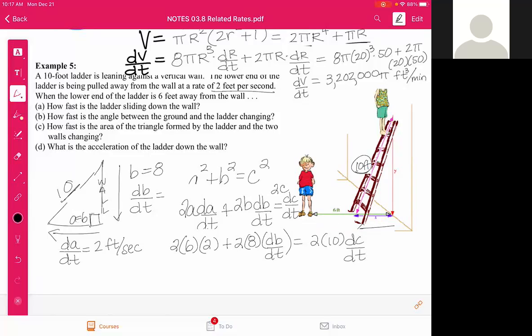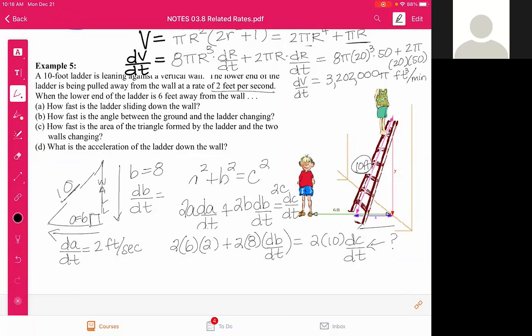Okay, so what just happened here? We've got 2 unknowns. I'm trying to solve for dB/dt, but I've got dC/dt right there. What do I put in for dC/dt? Yeah, that's the rate that the ladder is changing. And is the ladder changing? It's changing position, but it's still a 10-foot ladder.